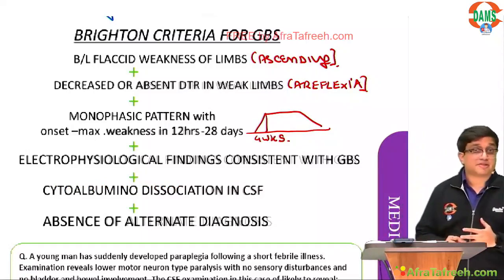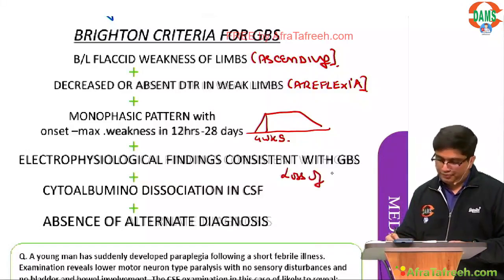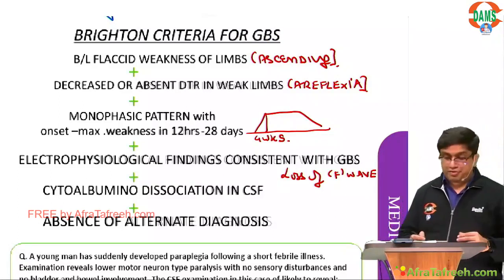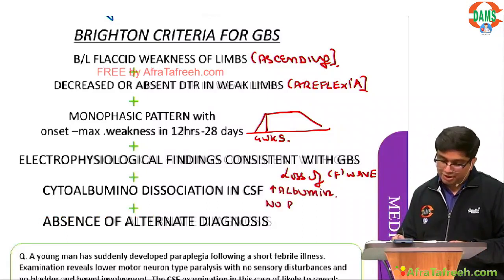Electrophysiological findings consistent with GBS in which you have got loss of F wave. There is a cytoalbumino dissociation in which in the patient the albumin is increasing and there is no pleocytosis that you will find.